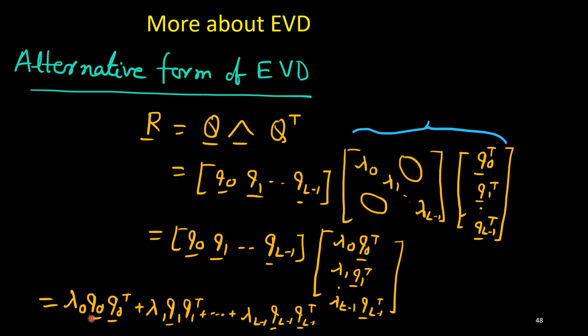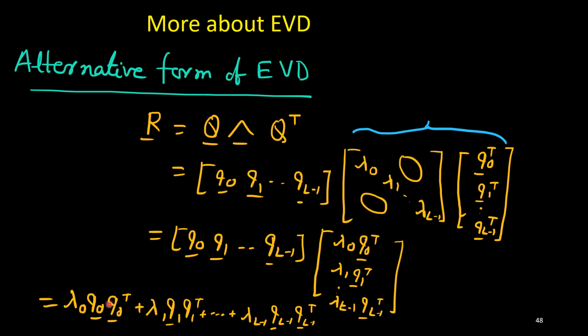this is not a scalar quantity. This Q0 is a column vector, and Q0 transpose is a row vector. So the column vector is L cross 1 and this is a 1 cross L row vector. If you multiply these two, you again get an L cross L square matrix.